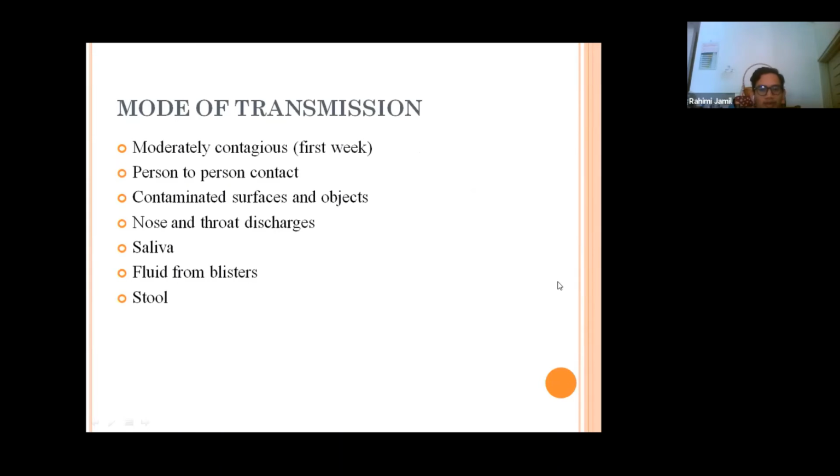For the mode of transmission, HFMD is moderately contagious. A person with HFMD is usually most contagious during the first week. It can be spread by person-to-person contact, contact with contaminated surfaces or objects, nose and throat discharge, saliva, fluid from blisters, and stool.